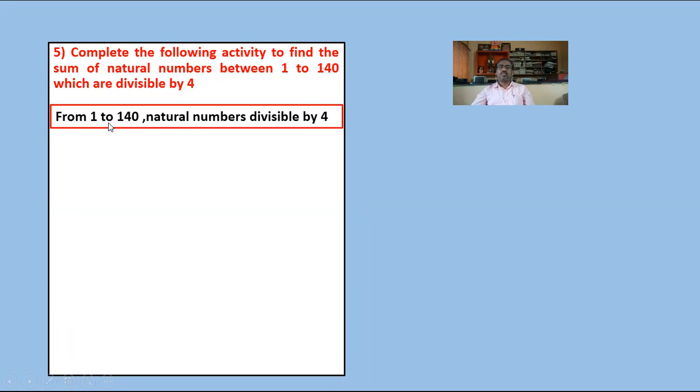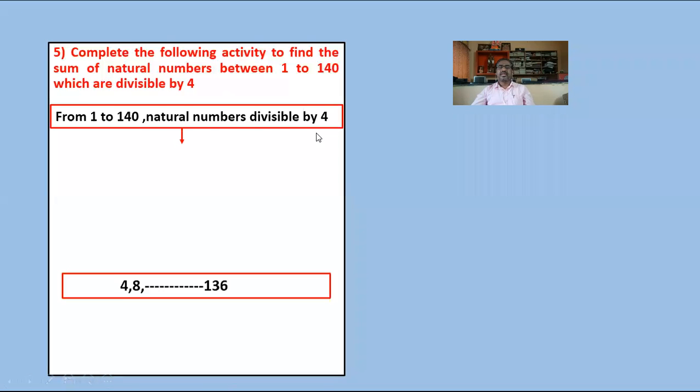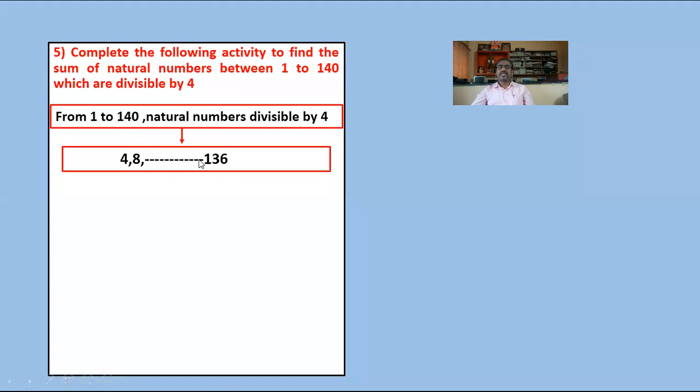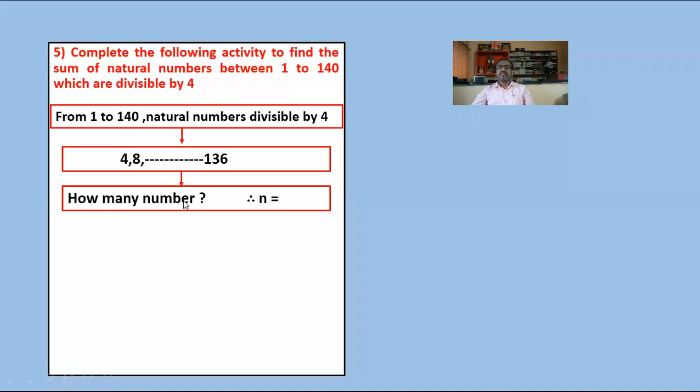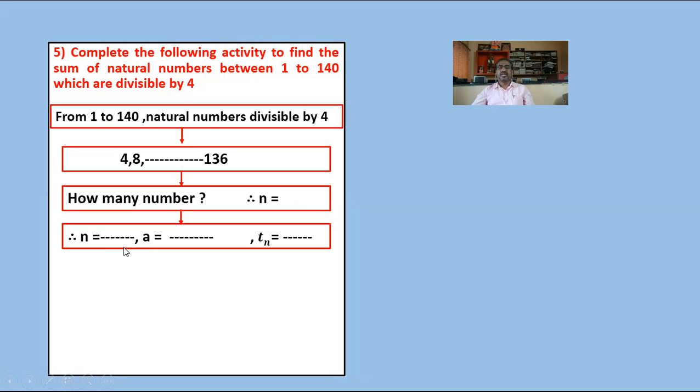From 1 to 140, the natural numbers divisible by 4 are 4, 8, up to 136. How many numbers? n is equal to how much? n is equal to dash, a is equal to dash, Tn is equal to dash.